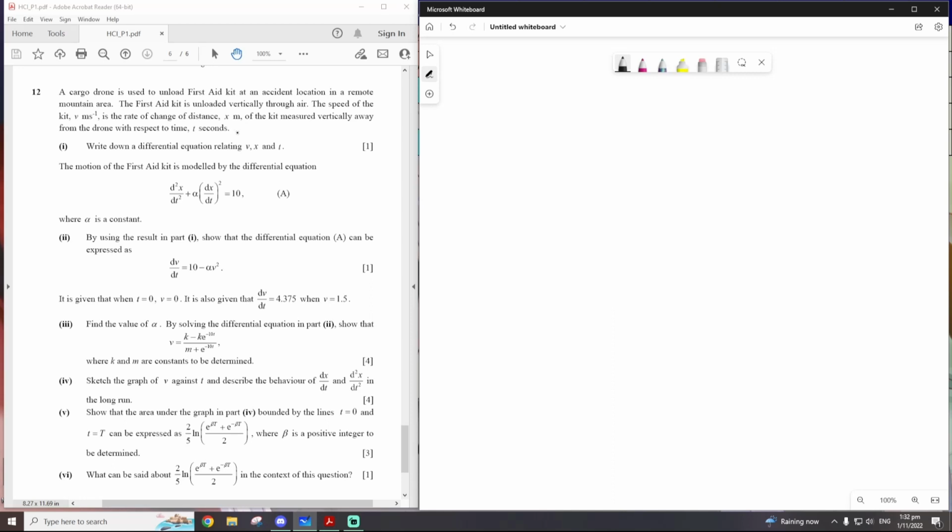So what is the differential equation relating v, x, and t? Well, it's actually just v equals dx/dt. That's it. Sorry. The motion of the first aid kit is modeled by this differential equation in terms of x. So show that this differential equation can be expressed in terms of v.